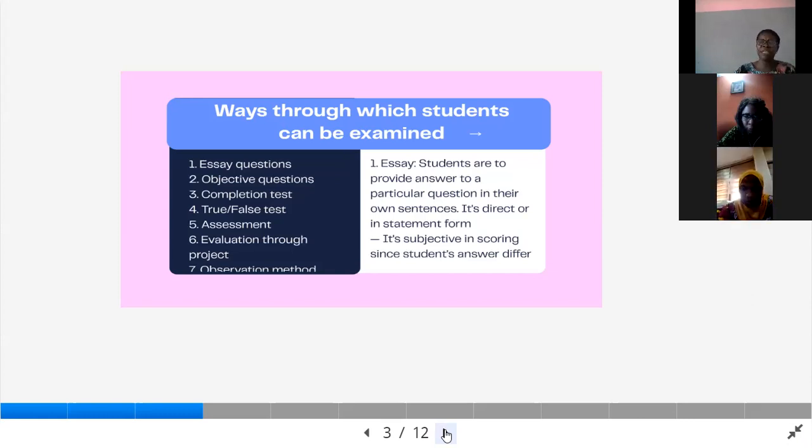The objective of the essay question is scoring. Since students' answers differ, you will write your own. For instance, describe the form of examination in Open University. In Open University, there are two forms of exam.